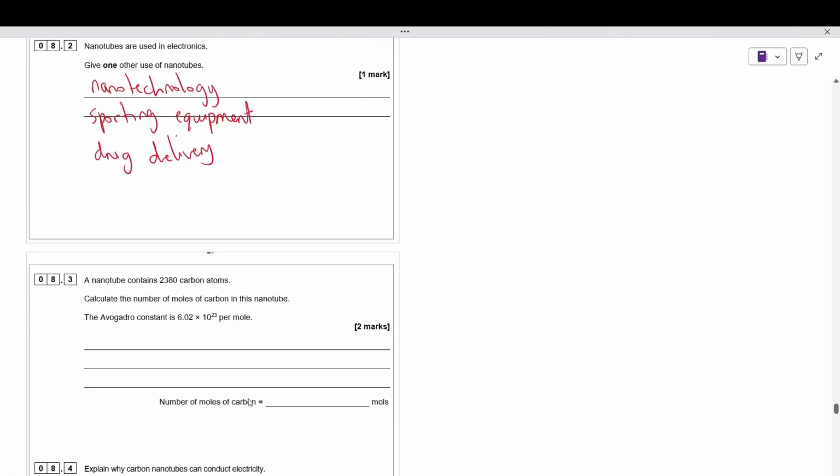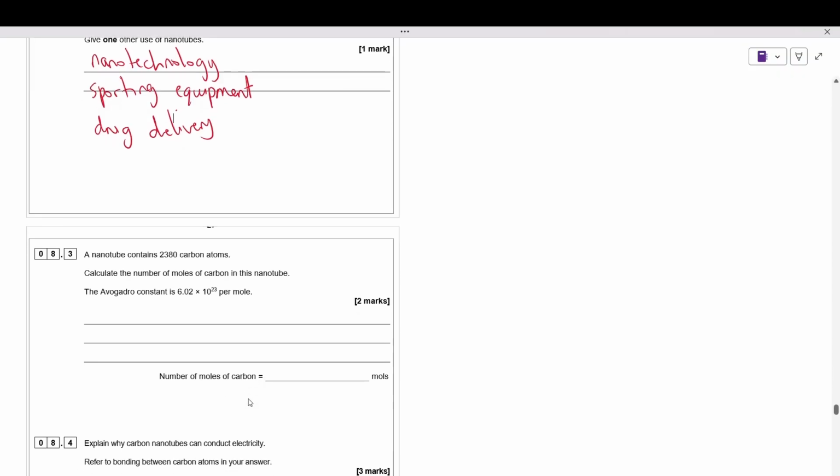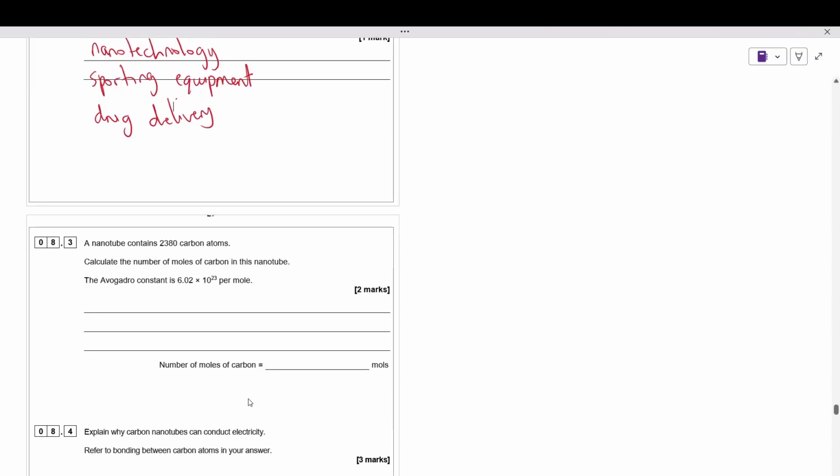Okay. Now for 8.3, we have a nanotube that contains 2,380 carbon atoms. And we're going to calculate the number of moles of carbon in this carbon nanotube. And we're going to use a particular equation. So number of moles is equal to the number of atoms divided by the Avogadro's number.